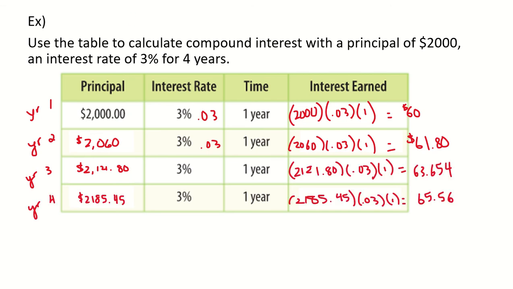All right. At the end of year 4, you are going to take the amount that you started the year off with, 2,185, plus that bonus, and you're going to be at $2,251.01.